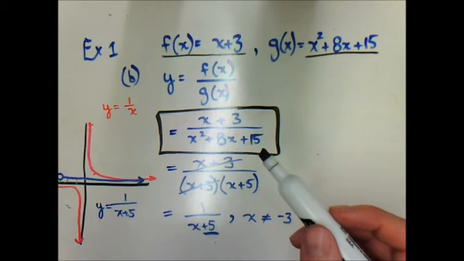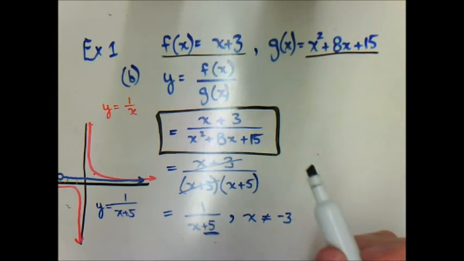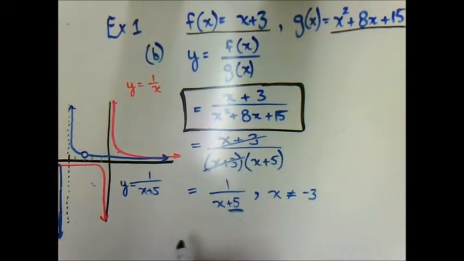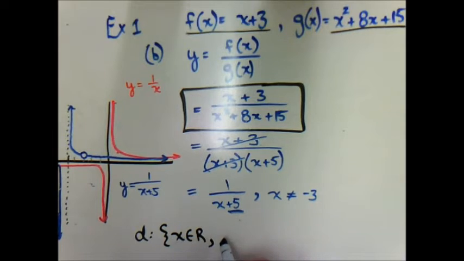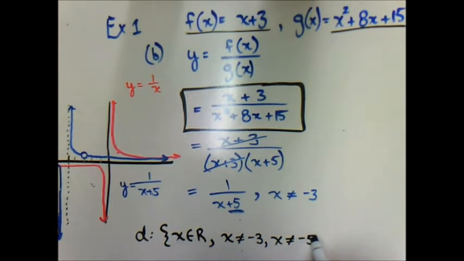So this function is undefined for x equals -3 and x equals -5. Therefore, the domain: x belongs to the set of real numbers, but x cannot equal -3 and x cannot equal -5.